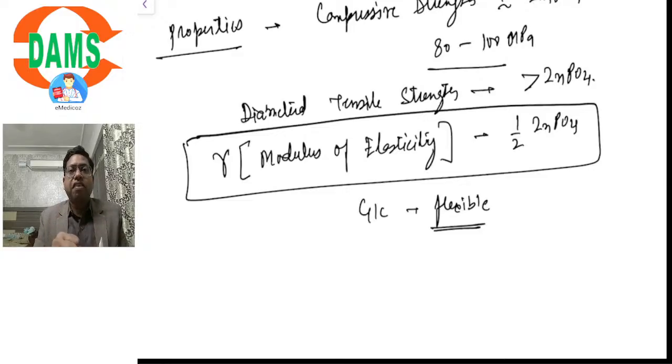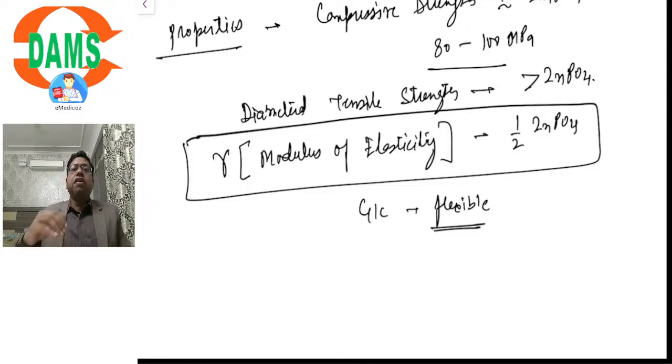So the modulus of elasticity is basically a measure of rigidity or stiffness of a cement. For a full ceramic crown, we need a cement with very high modulus of elasticity. So if we have to compare GIC with zinc phosphate cement, then zinc phosphate is a better cement to lute a full ceramic prosthesis as compared to GIC.